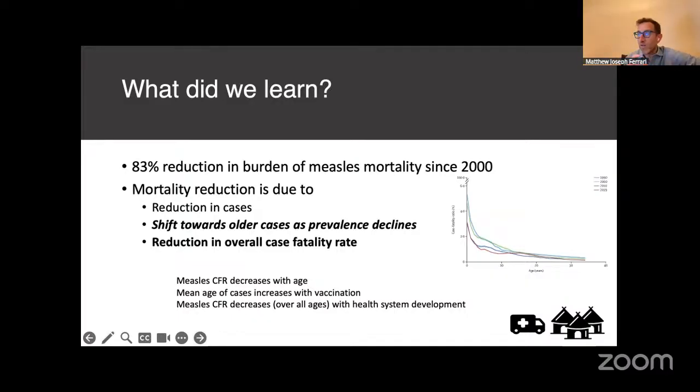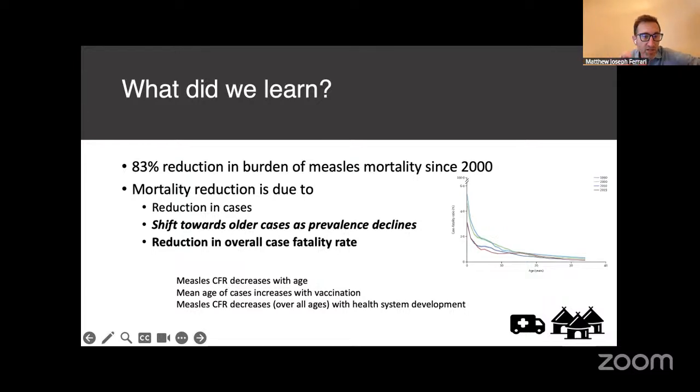And so, combining all of those things, we actually get a strong interaction where vaccination reduces the number of cases, and the reduction in prevalence increases the mean age of infection. The higher mean age of infection is now correlated with a lower case fatality rate. So we get a positive feedback that gives rise to increasingly lower mortality over time. So we get a double benefit of vaccination, not only preventing infection, but shifting infection into lower risk age categories.